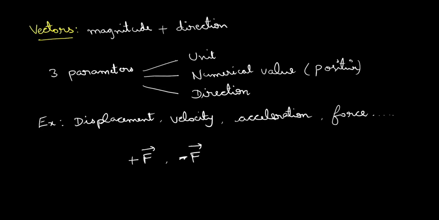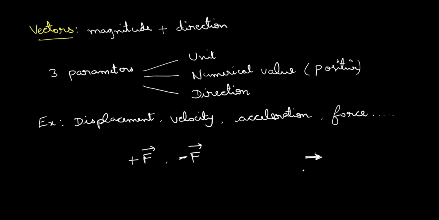Vector quantities follow different algebra for their addition, subtraction and multiplication. Usually vectors are denoted by an arrow at the top. This arrow represents the direction of the vector.